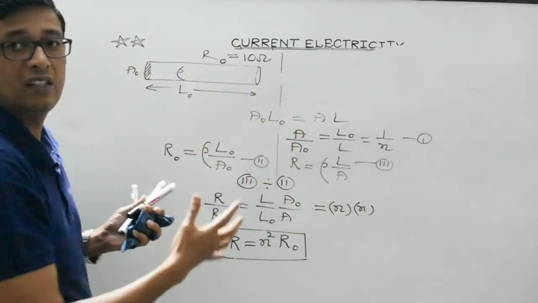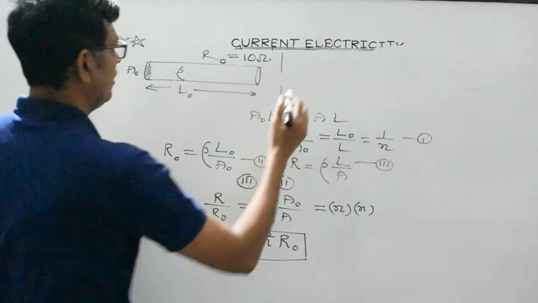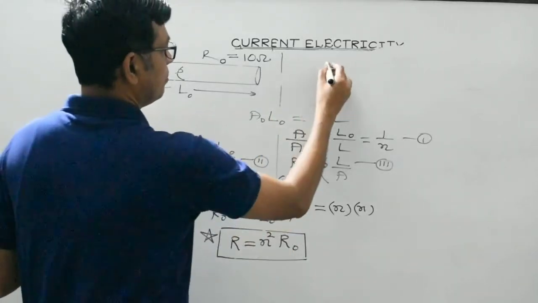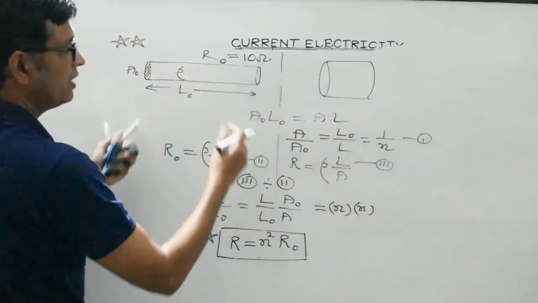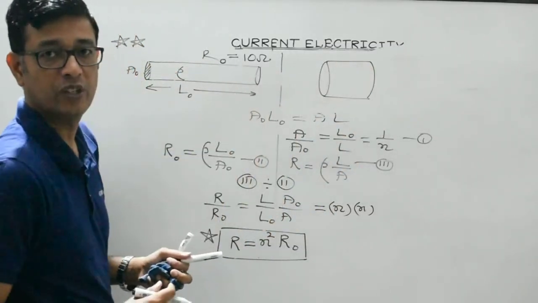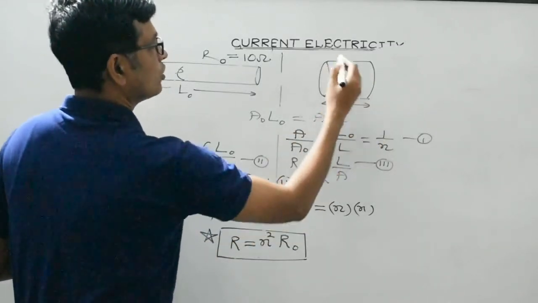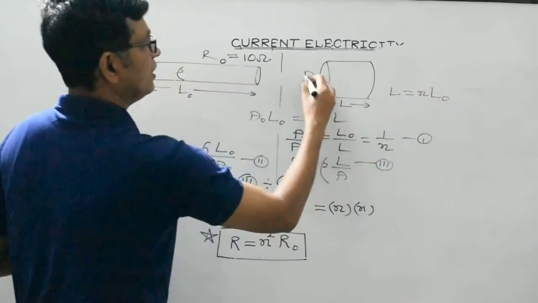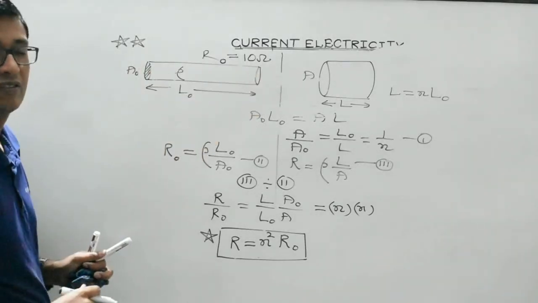Suppose the wire is melted and it is recast into another cylindrical wire. Same cylindrical shape, but here the length, suppose, gets reduced like this. It is melted and recast in this particular shape, right? So here this is the new length, and suppose it becomes n times the original length. Obviously the area will get increased over here. So let's deal with this question.